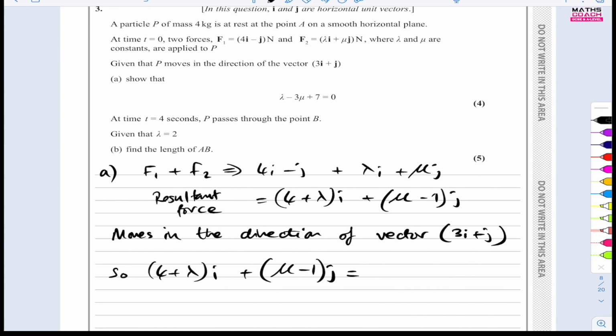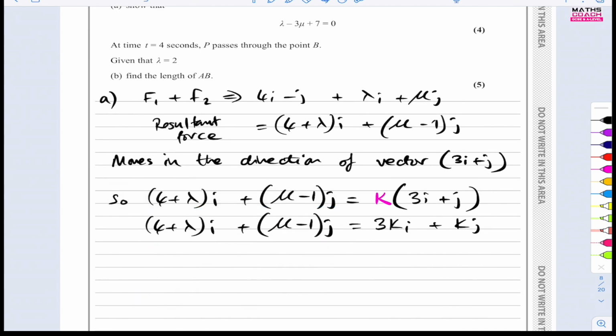Let's use k. It's going to be the multiple of that vector, which is 3i plus j. Now, if we multiply that out, it's going to be 3k i plus k j, and then we write this underneath again. It's the same thing.